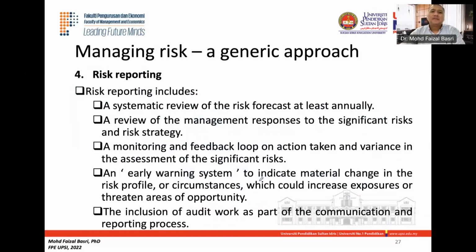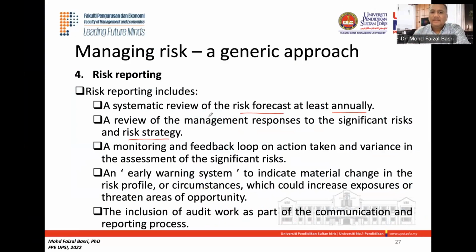Okay. And finally, at number 4, after you do the risk treatment, is to do reporting. The risk reporting includes a systematic review of the risk forecast or activities, at least annually, once a year. A review of the management responses to the significant risks, and also what the strategies are.